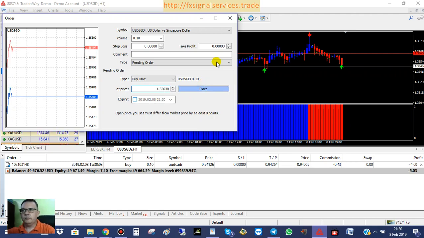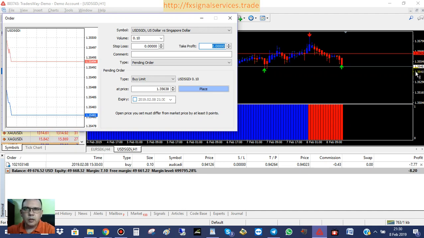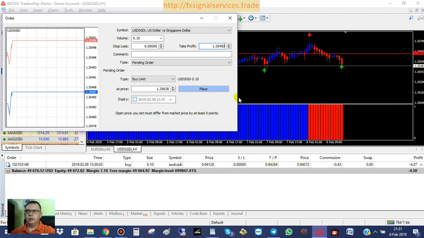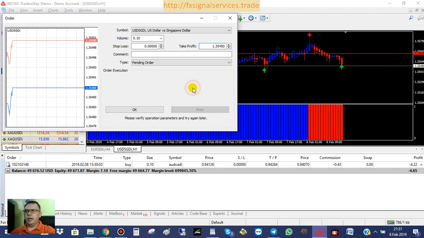For take profit, we can put somewhere down here where the price is now or a little bit below, let's say 1.35450. That's rounded down a little bit, a pretty square number, and I'm going to place that.